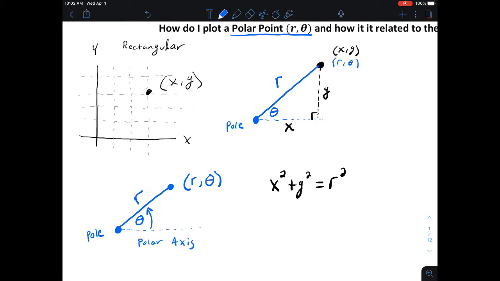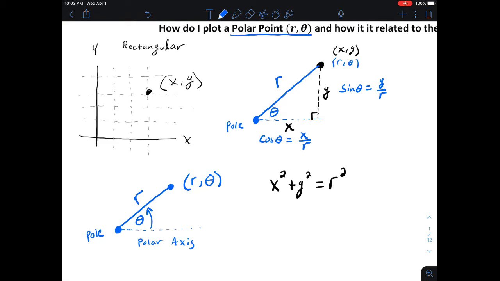And I could even relate x and y to r and theta, where if I use some right triangle trig, cosine of theta is equal to adjacent over hypotenuse, and sine of theta is equal to opposite over hypotenuse.